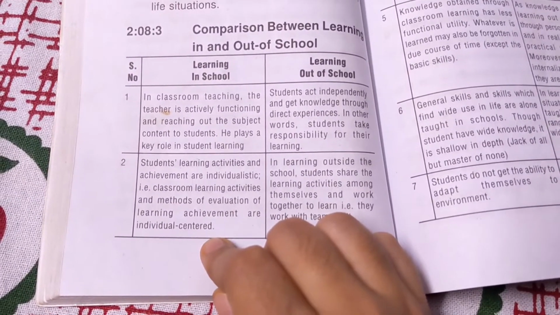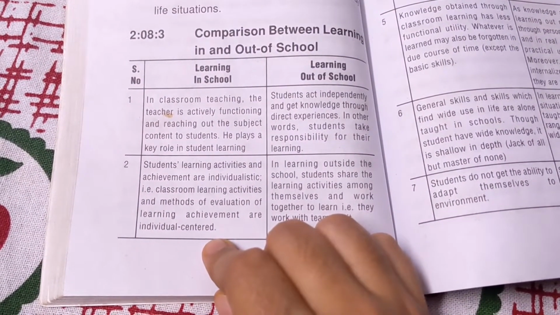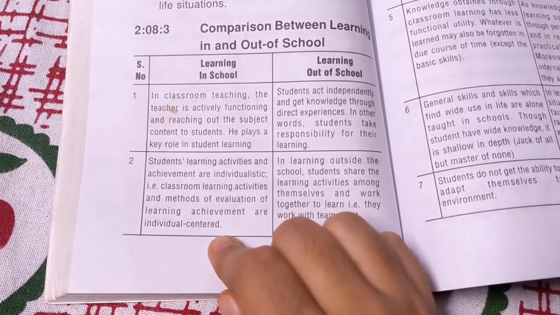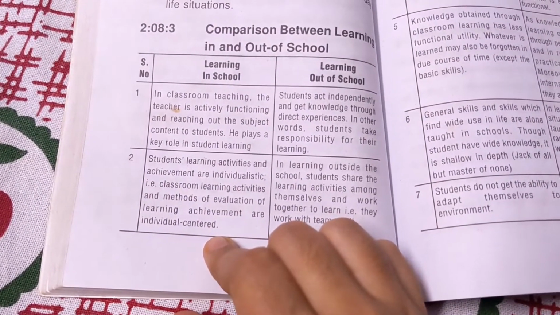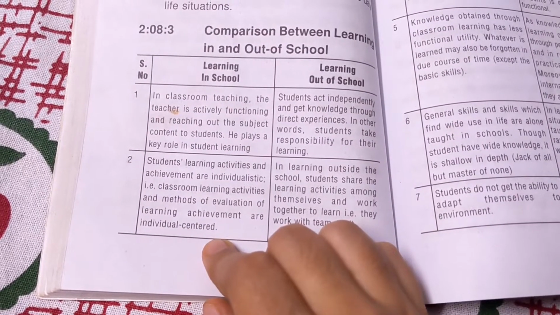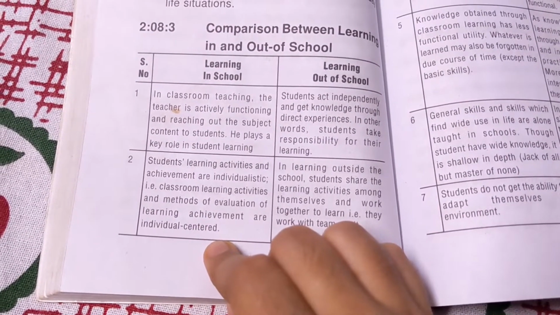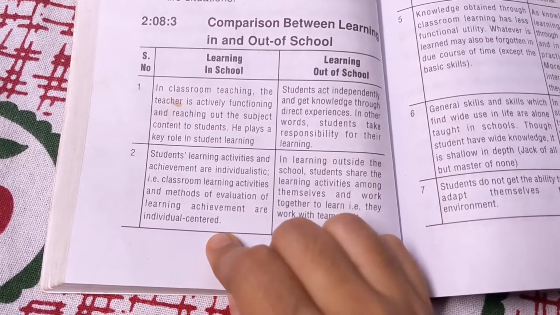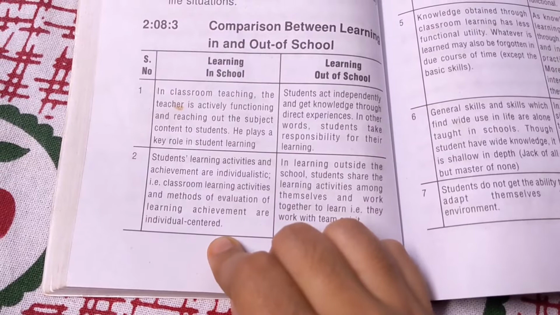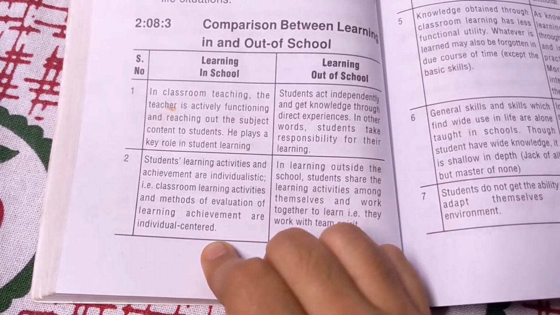Because the student is going to write an examination, whatever marks the student gets in the examination is the result of one particular student only. So the achievement is only student centered, that is individual centered.